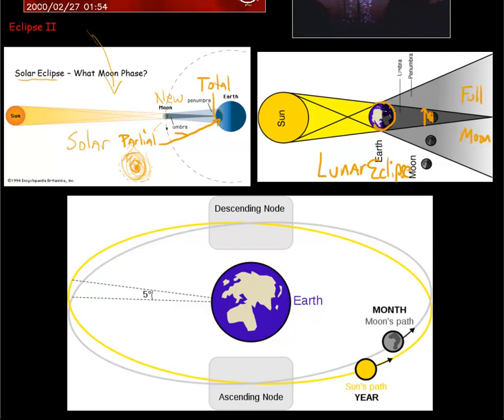We can get 50 to 60% of the planet seeing a lunar eclipse. They happen just about the same amount of time, but many more people get to see the lunar eclipse, and this is why you pretty much say, I've never seen a solar eclipse, or I don't get to see very many of them, because you have to live in a very specific point.